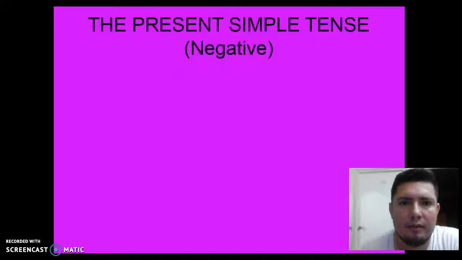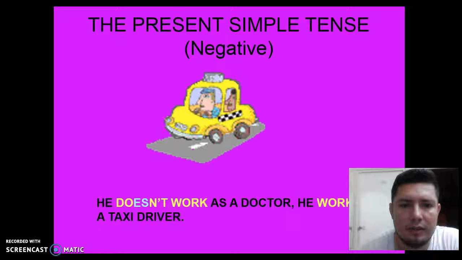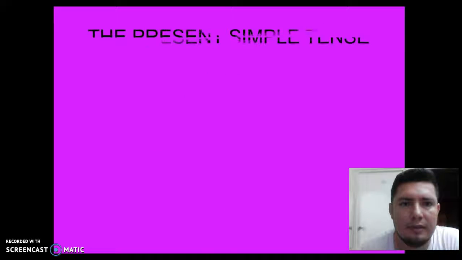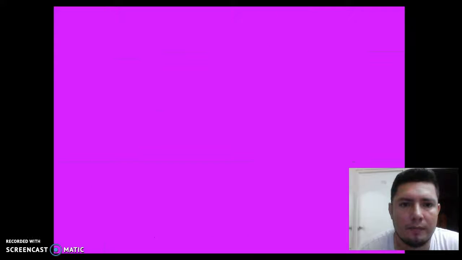Okay, and then this is the negative form, where the teacher writes some samples on the board and tries to interact with the students in collaborative learning. And this is the negative chart for a better understanding, and the students copy it down in their notebooks.